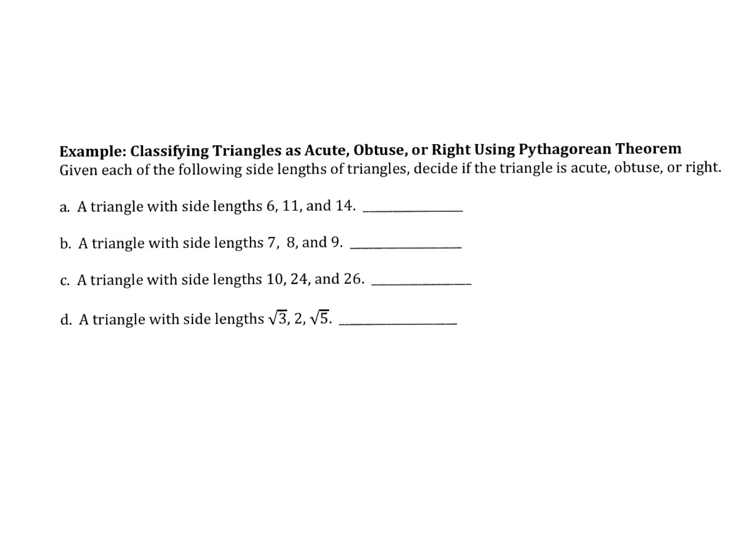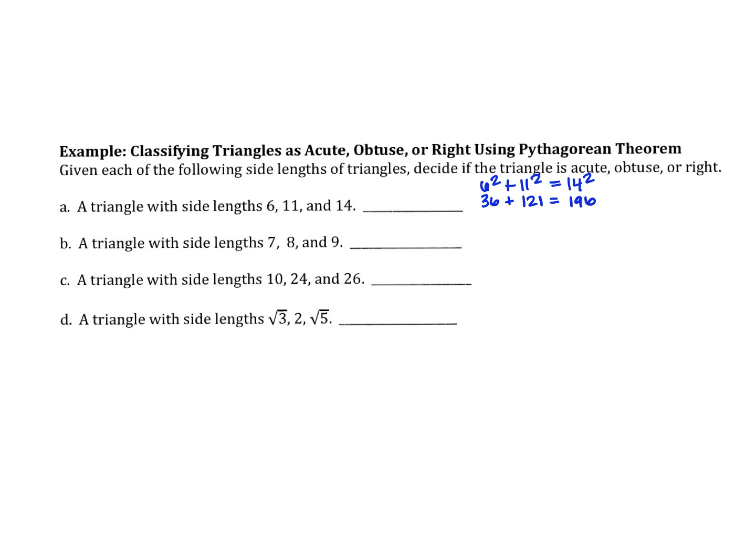Okay, so we're going to classify these triangles as acute, obtuse, or right. So starting with letter A, we are going to do 6 squared plus 11 squared is equal to 14 squared. So 6 squared is 36. 11 squared is 121. 14 squared is 196.